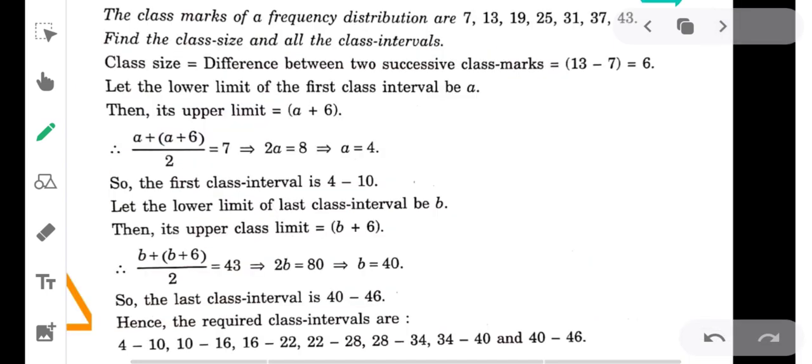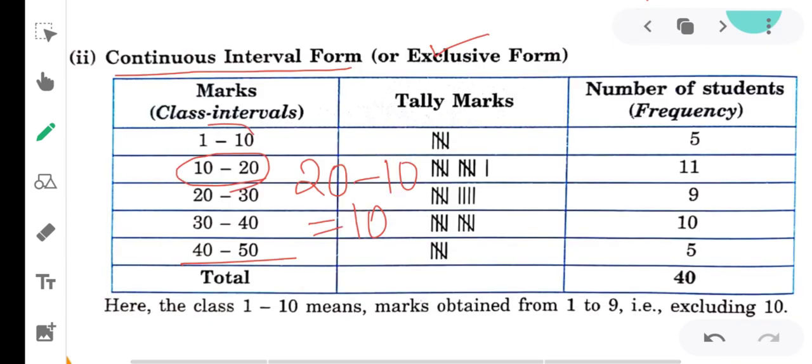Then the class mark of a class. The formula is: true upper limit plus true lower limit, divided by 2.